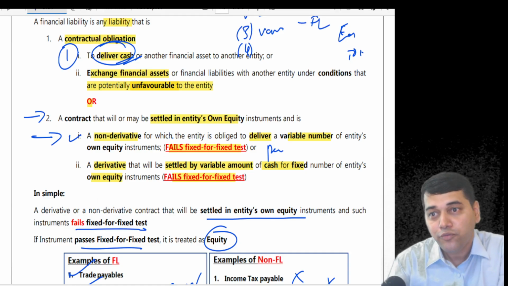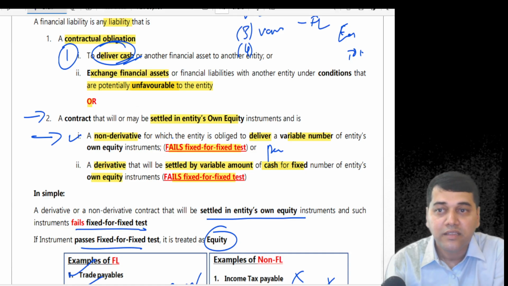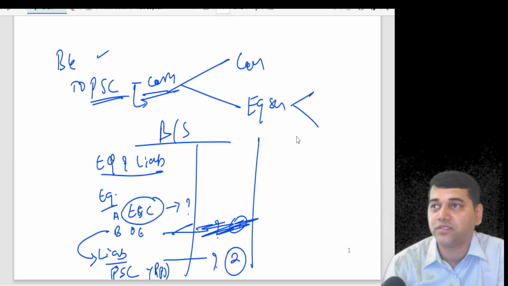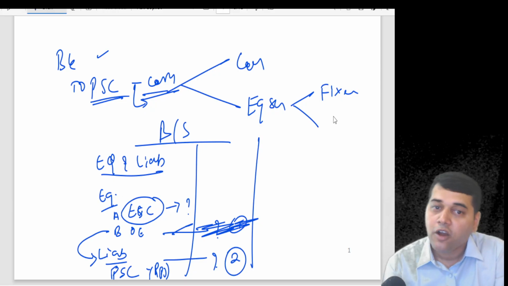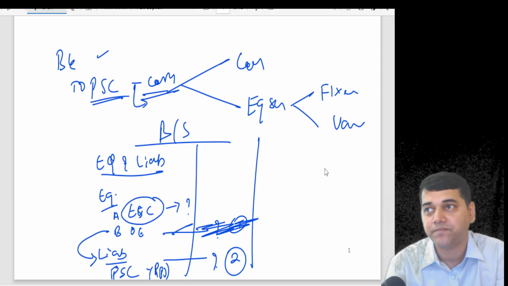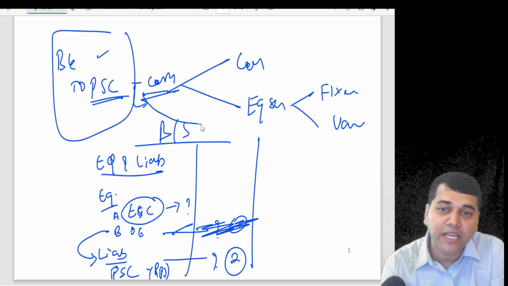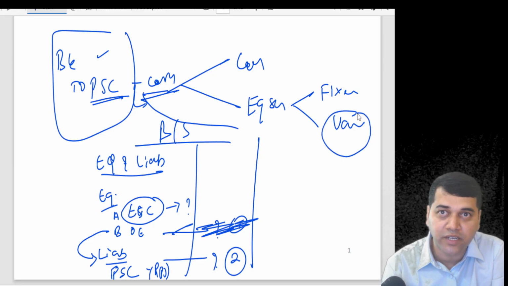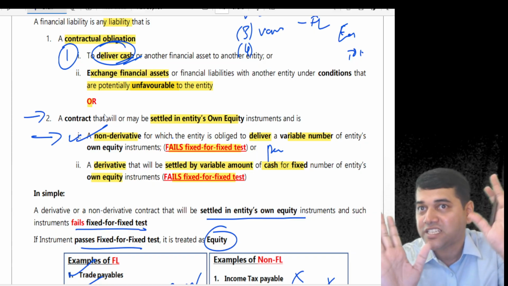Followed? So now when I am issuing preference shares, there can be two scenarios. I will issue a fixed number of equity shares as a redemption, or I may issue a variable number of shares as a redemption. So if today I have got money, and after 1 year I am going to redeem with a variable number of shares, then it will fall here and I will present it as a financial liability.